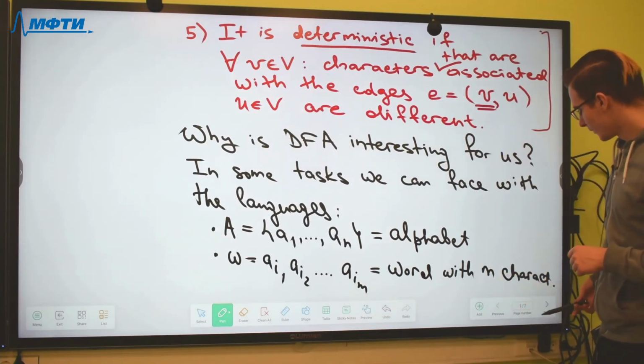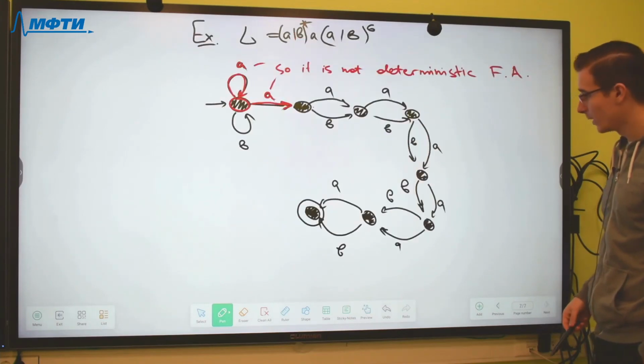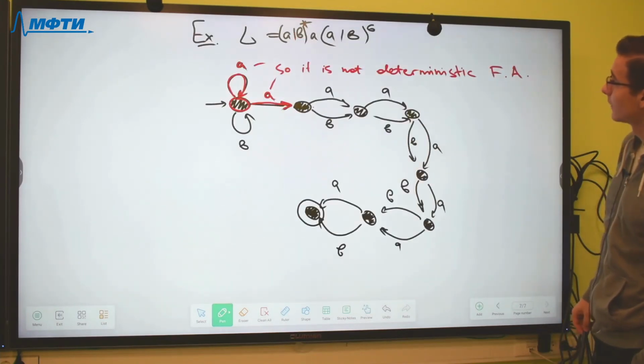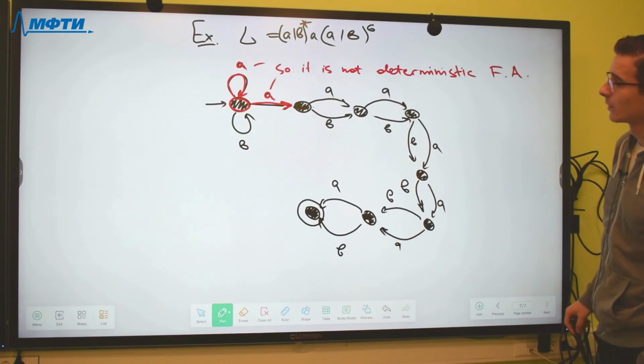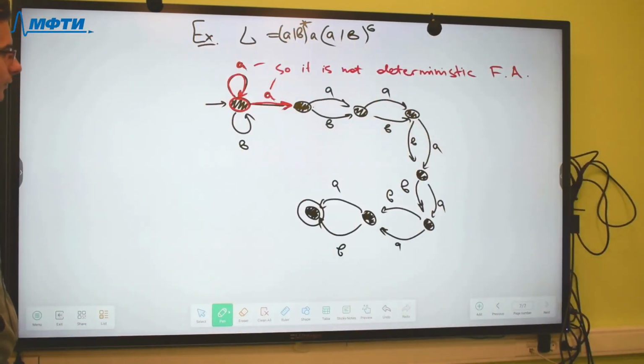But now we have a non-deterministic finite automaton. And what is the number of the states of this automaton? The number of states is equal to the number of vertices of this graph.